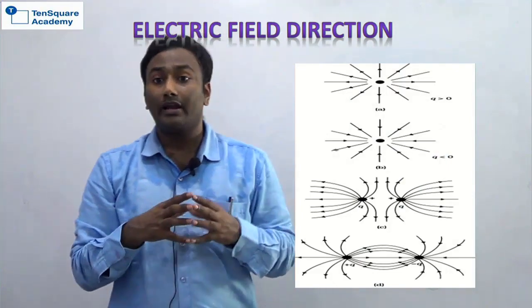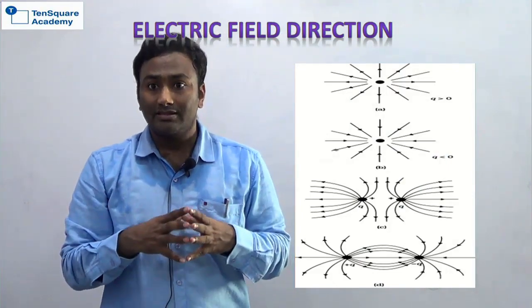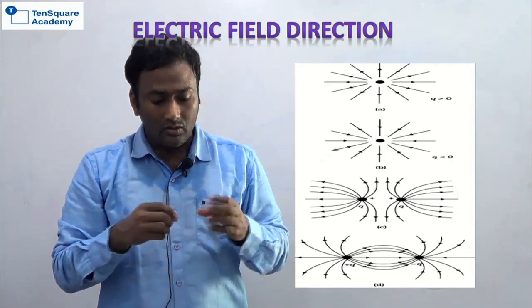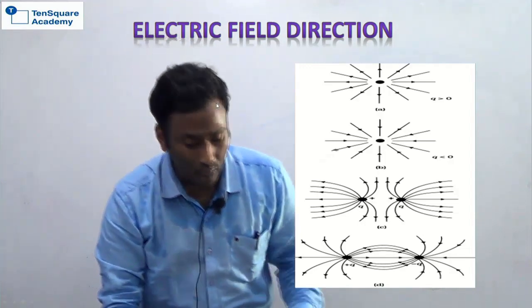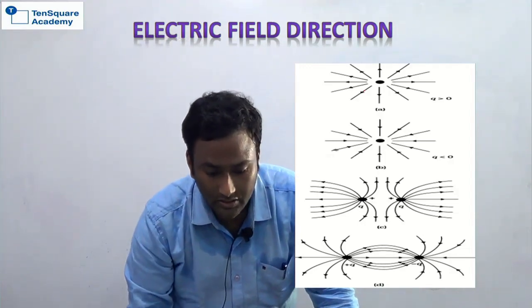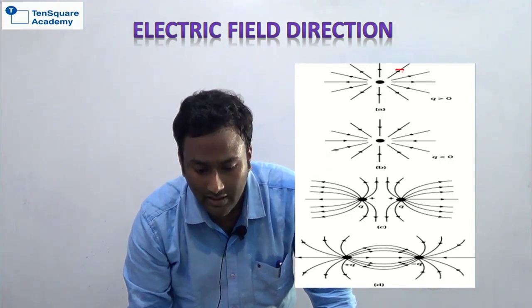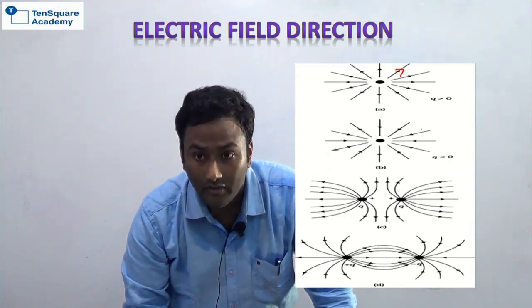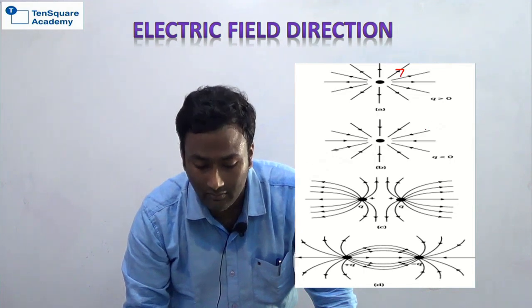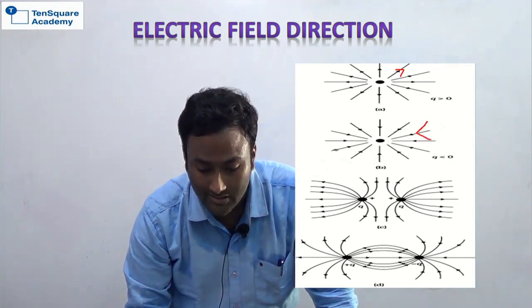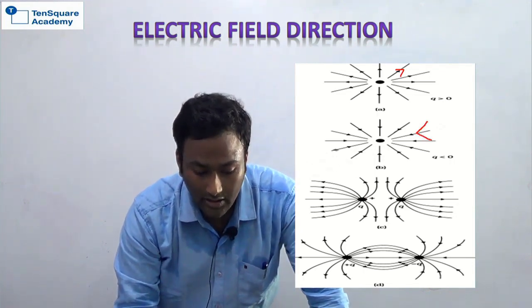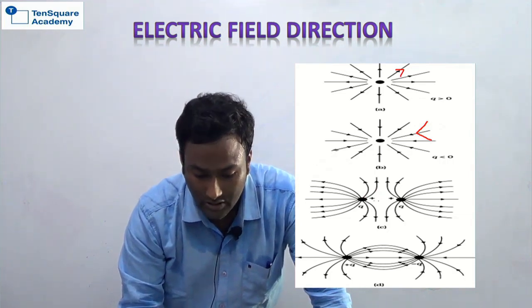A graph, but this is important. This gives the direction of field lines inside an electric field. So, from positive charge, the topmost one is a positive charge. If you observe, the field line direction is in the outward direction. The second one is a negative charge, the field line direction is inwards. So, here the third one, there are two positive charges.